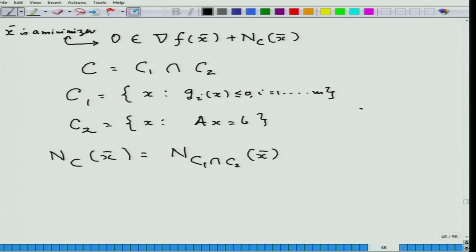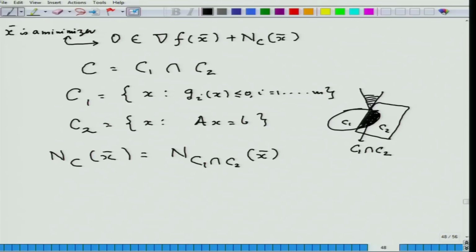Basically, you have two convex sets, and this is the intersection zone, and take any point here or say here, and you are supposed to compute the normal cone. You see here again this relation between the subdifferential of the indicator function and the normal cone, that the normal cone is nothing but the subdifferential of the indicator function, would become very important.